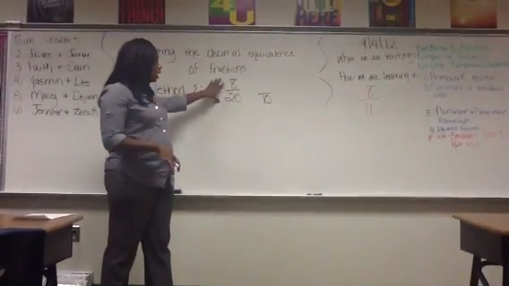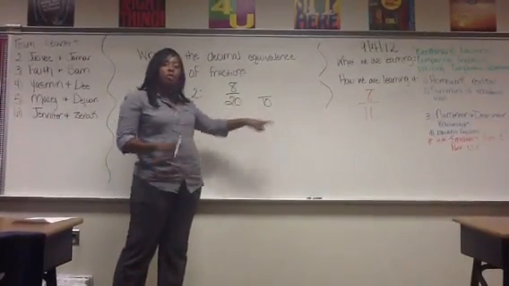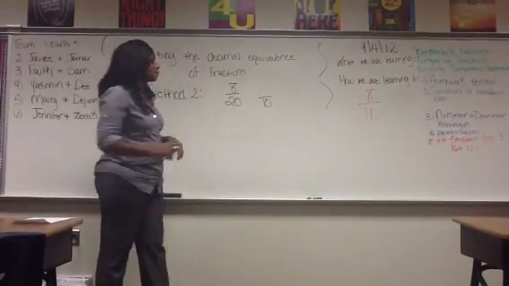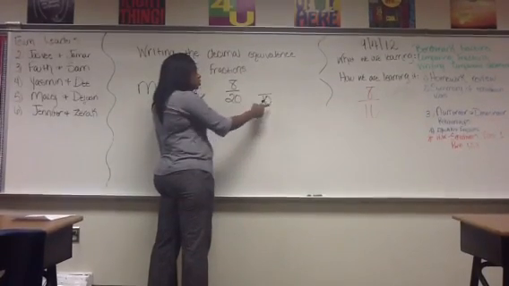As long as you change the fraction to an equivalent fraction with a 10, a 100, or 1,000, you've got your choice. How would I move from 20 to 10?